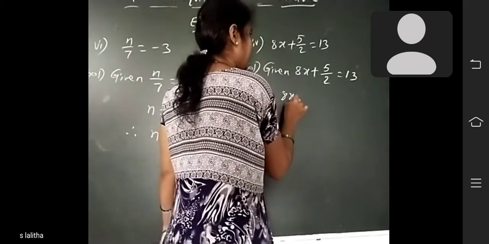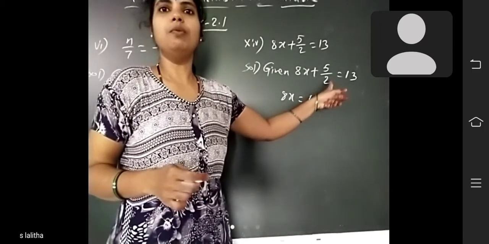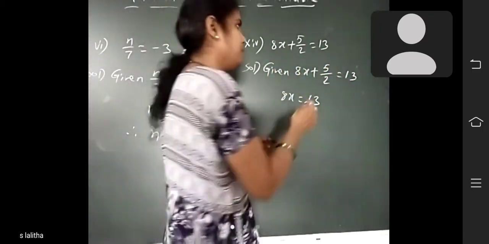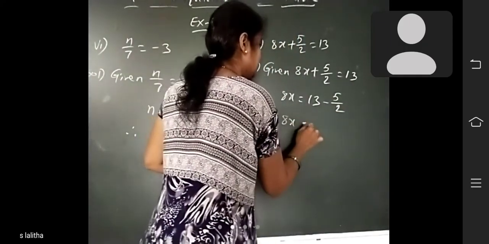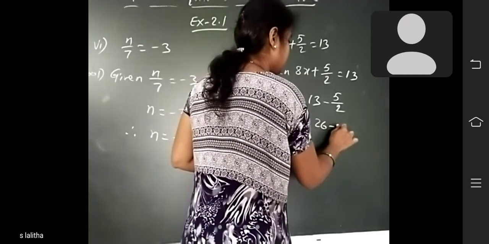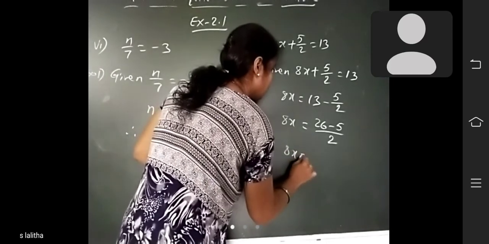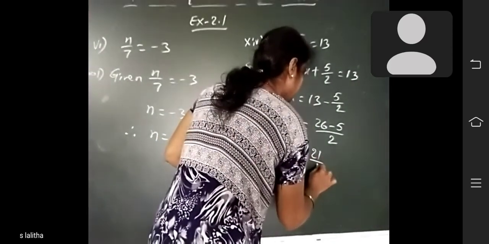So 8x is equal to 13. Here plus 5 by 2 is there. If you move to the right hand side, what will become? Minus 5 by 2. So 8x is equal to, find the LCM, 2 13s are 26 minus 5 by 2. 8x is equal to 26 minus 5, how much? 21 by 2.